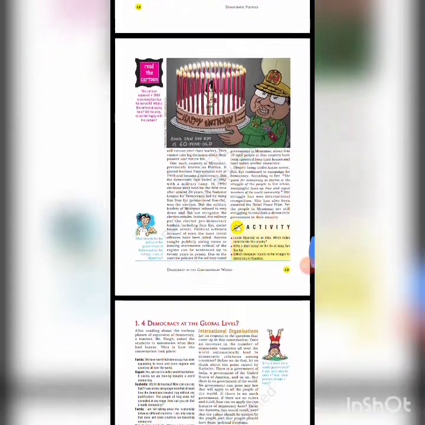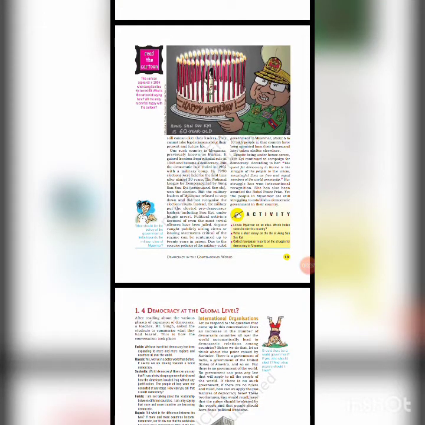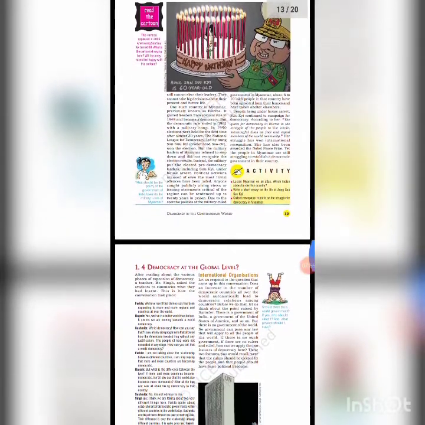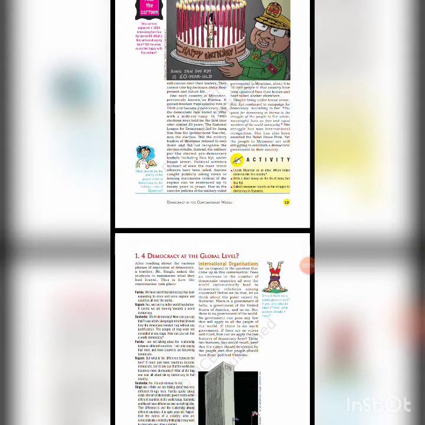They argue that democracy should come from the people and should not be imposed. What about democracy at the global level? Democracy at the global level is just international organizations, which automatically lead to democratic relations between countries, such as the government of the United States of America and so on.